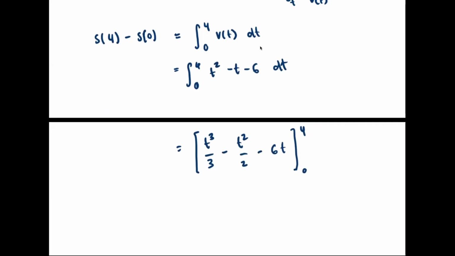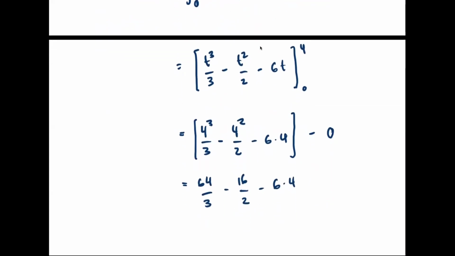Is this making sense? Okay, so then I'll just plug in 4. So I get 4 cubed over 3 minus 4 squared over 2 minus 6 times 4. And then, so that's my 4 contribution. And then we're subtracting what happens when I plug in 0, which is just going to be 0 in this case. So then our final answer is whatever this simplifies to.